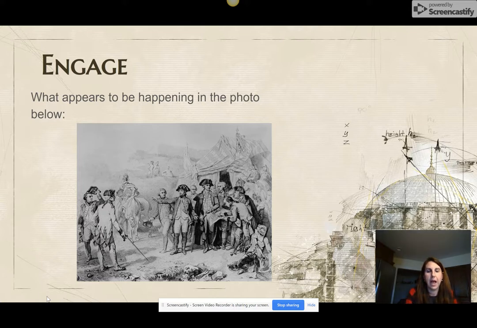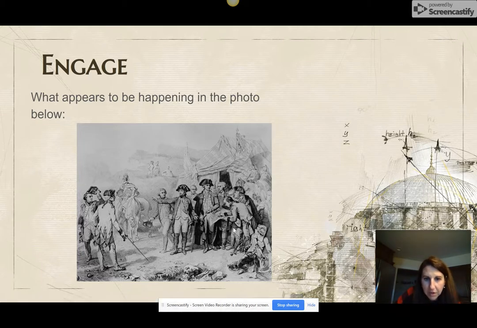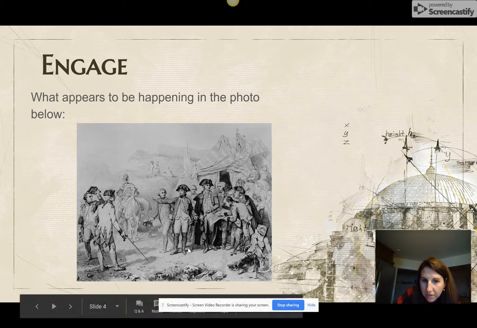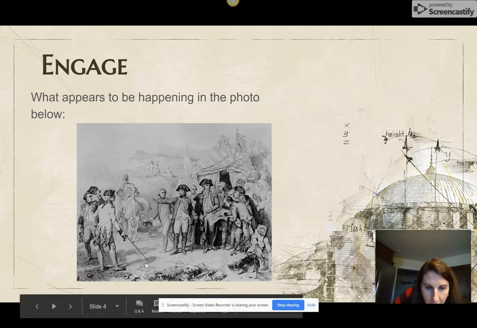What appears to be happening in the photo below? You kind of look at this here. You see somebody standing off here. You see somebody signing something. Someone's watching over kind of on the ground here. It looks like some rough stuff sort of went on.